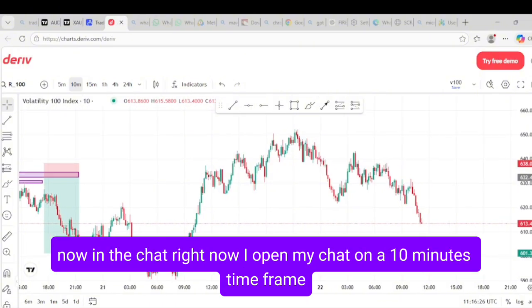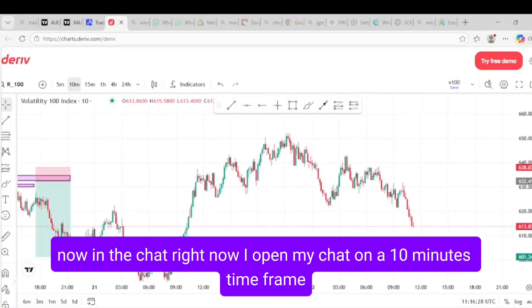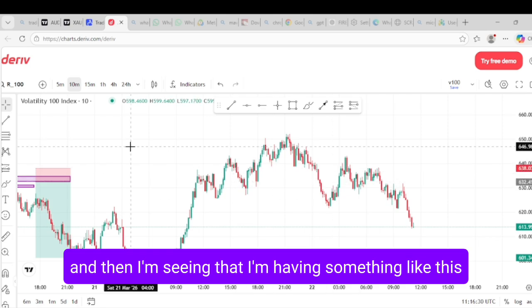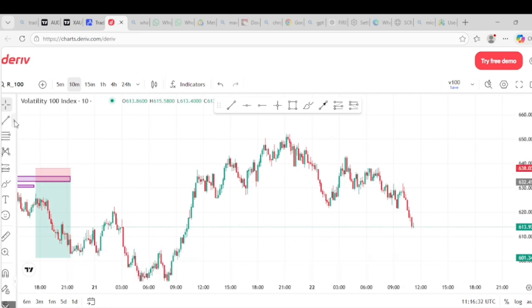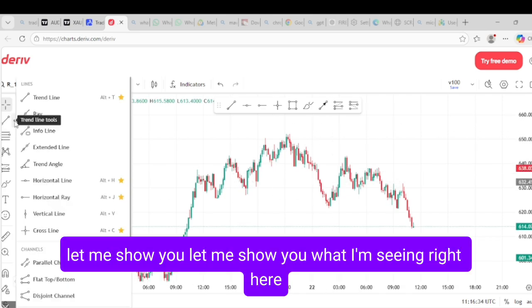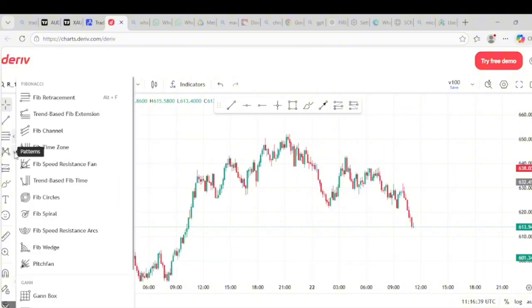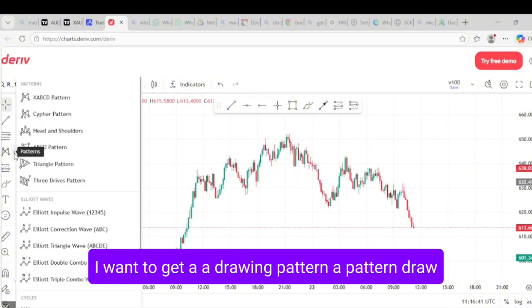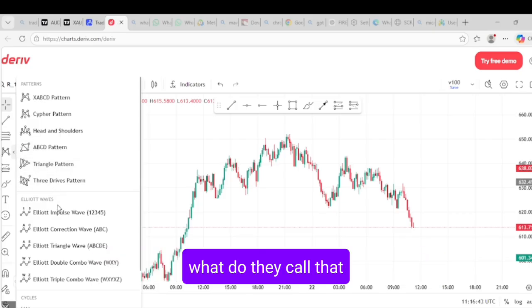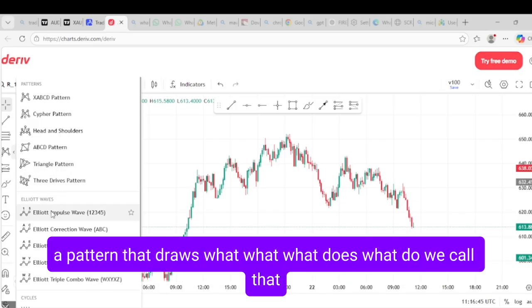Now in the chart, I opened my chart on a 10 minutes time frame, and I'm seeing something like this. Let me show you what I'm seeing right here, and then we move from there. I want to get a pattern drawing tool. What do they call that?